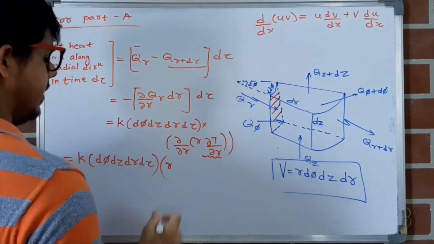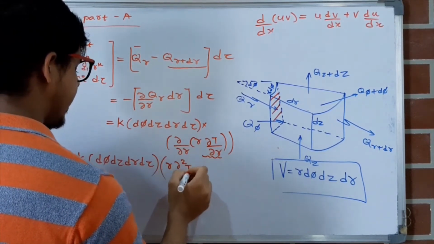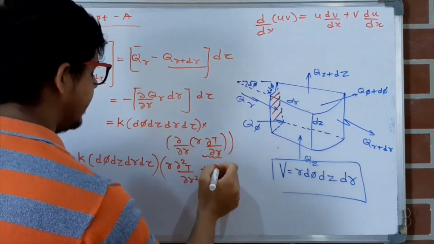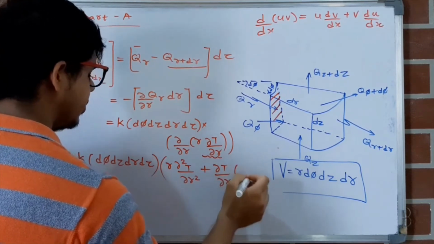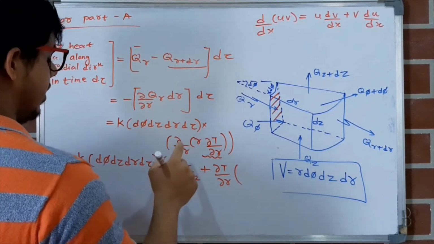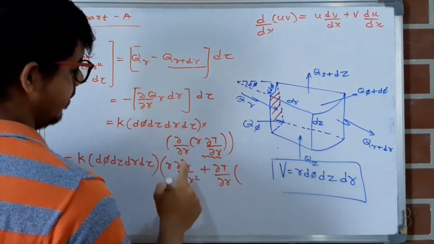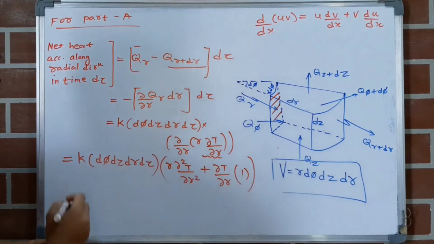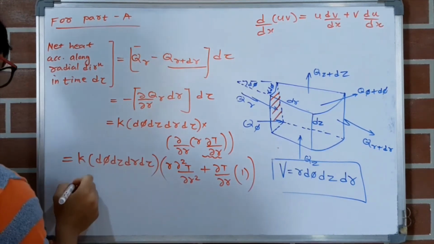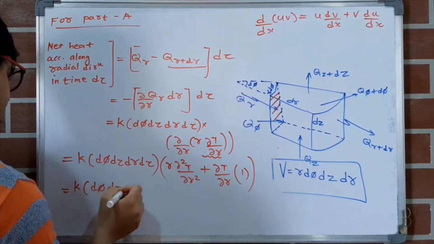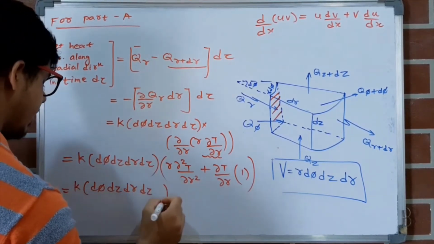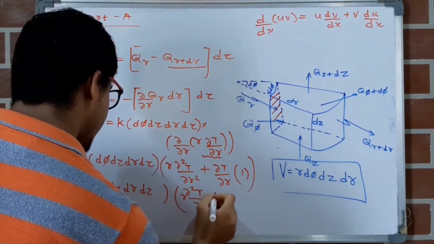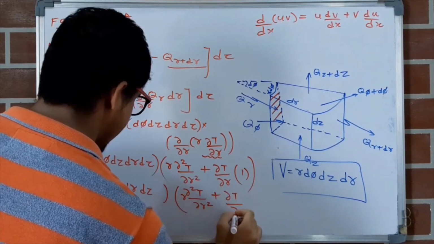First, r is constant, so we differentiate to get ∂²T by ∂r², plus here v will be constant, so v is ∂T by ∂r into ∂/∂r of r, which will be 1, because the derivative of r with respect to r is 1. So finally we get k into dφ dz dr dτ into ∂²T by ∂r² plus ∂T by ∂r.